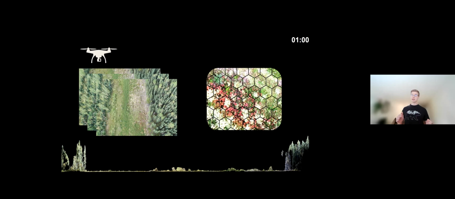From these images, we can reconstruct vegetation in 3D, as seen on the bottom of the slide. These images also include spectral information, and from this combined, we can map vegetation structures, vegetation types, and even specific species. And we can also identify hotspots that are high in species richness.